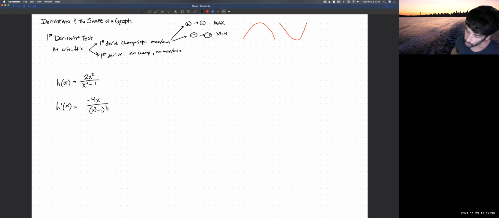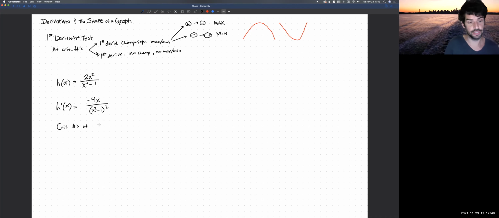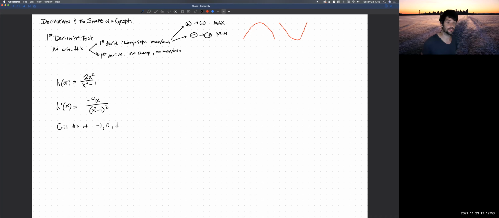And we took a look at the sign. So we found critical numbers. Let's say that first. Critical numbers at -1, 0, and 1 at these x values, right?